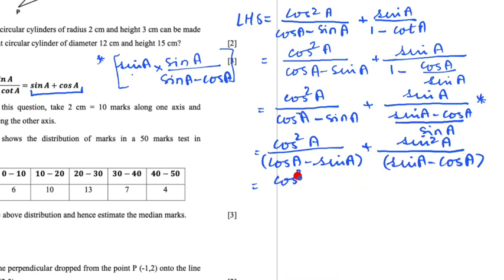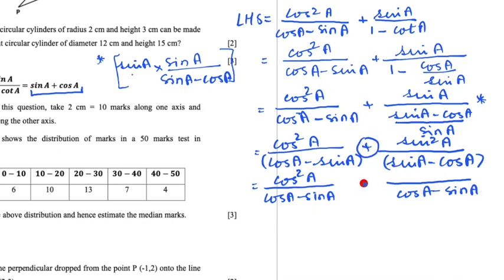So we will write cos square A upon cos A minus sin A, and here we will reverse the order to make it same as the first denominator, and it will become cos A minus sin A, and this plus sign will now become minus, and numerator sin square A as it is. Now you will see that both the fractions have the same denominator.